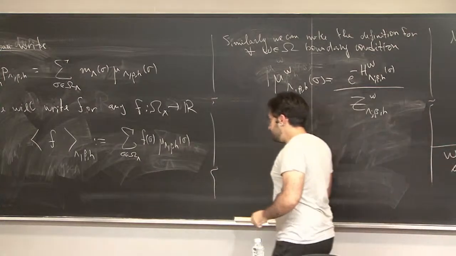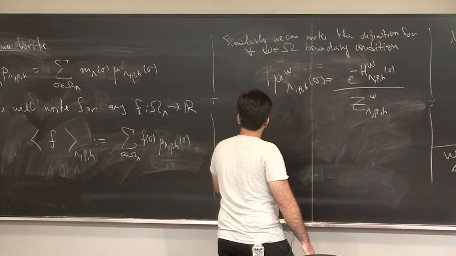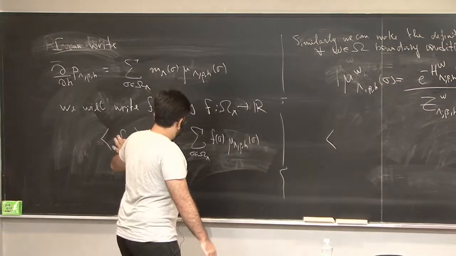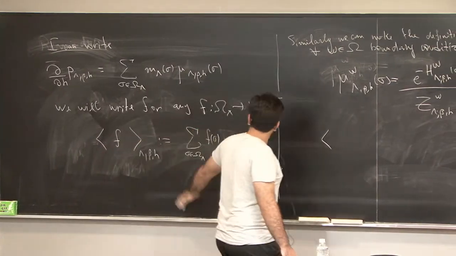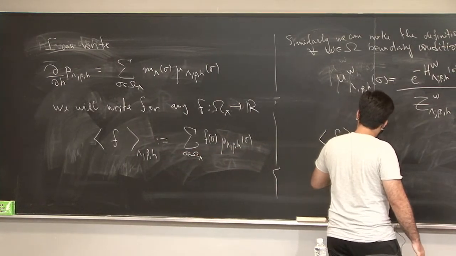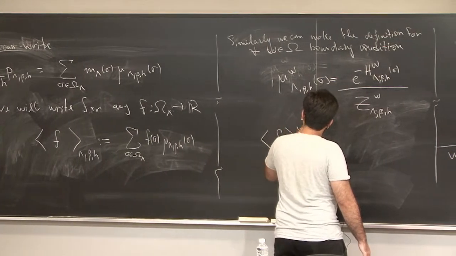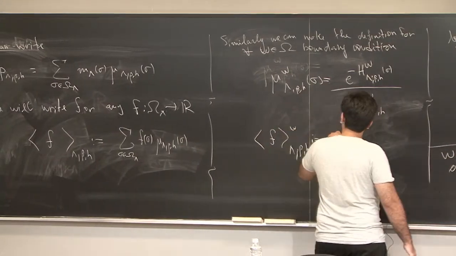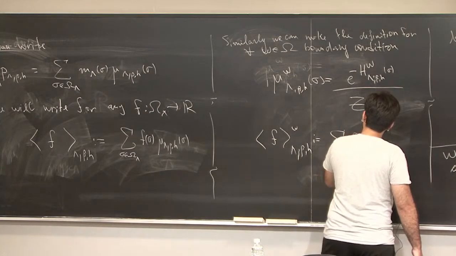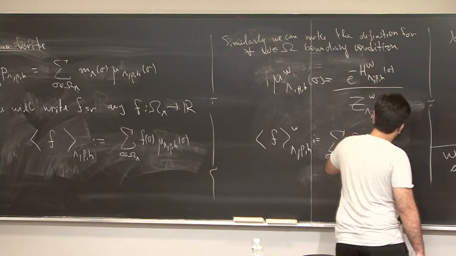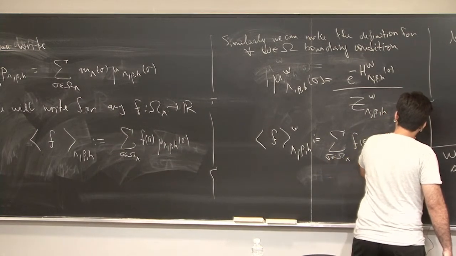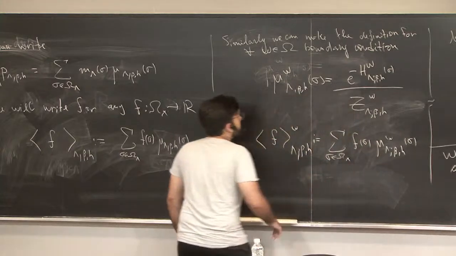Okay. I will introduce also a similar notation to the mean of any function with respect to this probability measure, beta h omega, sum, mu lambda beta h omega sigma. Okay.